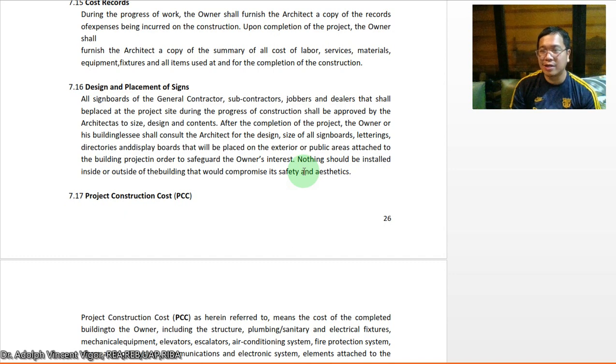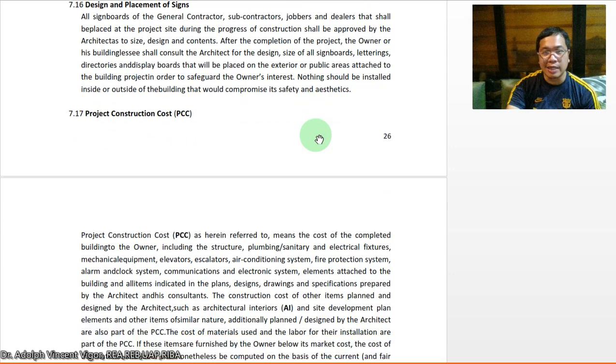So all your work to make the building as attractive and functional as possible goes to waste. So just to remind you guys to place these provisions in your future contracts with your future clients.